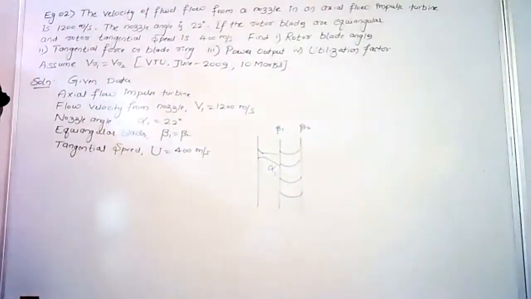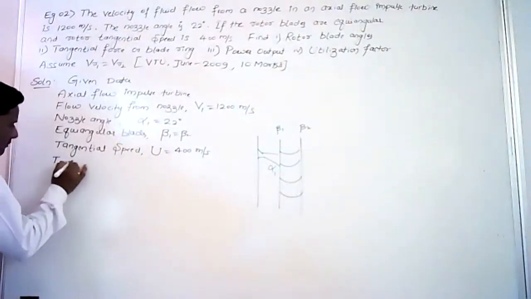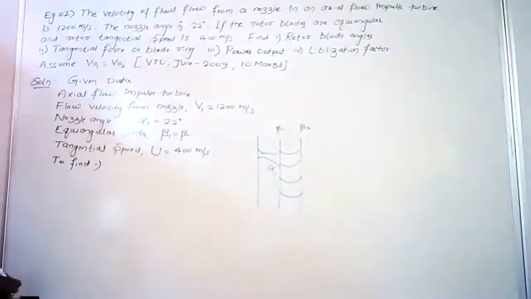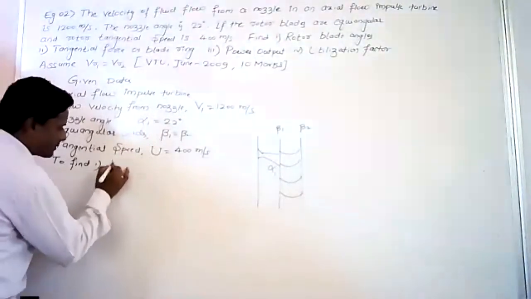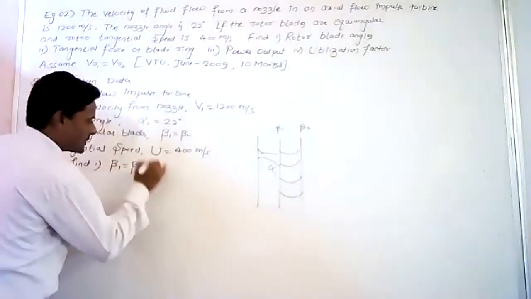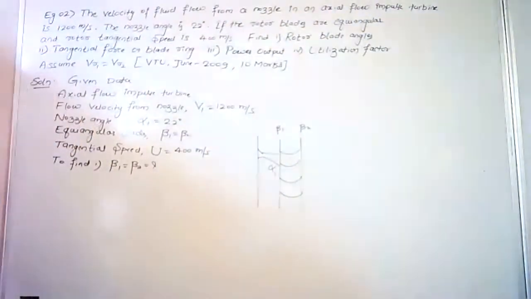So we have to calculate, to find, first bit, rotor blade angles. That is beta 1, of course they are equiangular. Both angles will be the same. Beta 1 equals beta 2 equals how much?